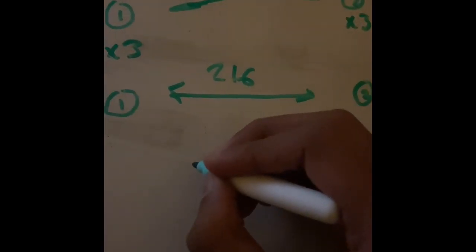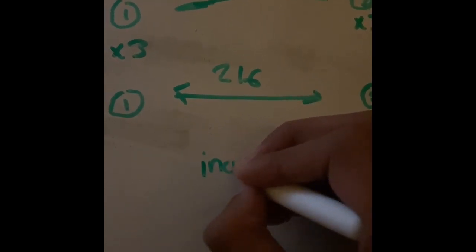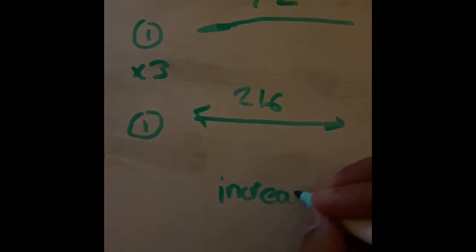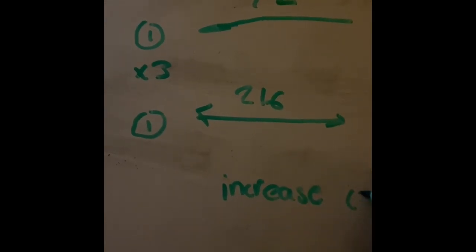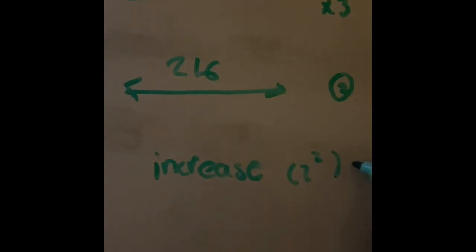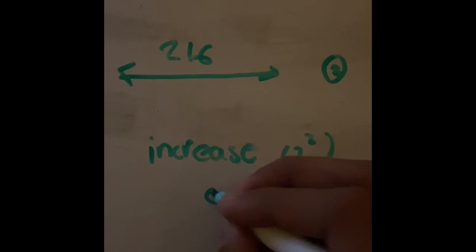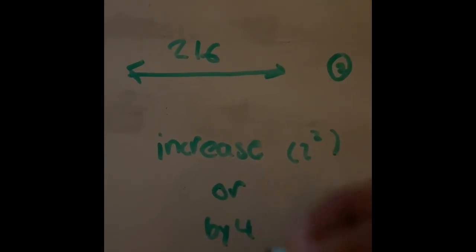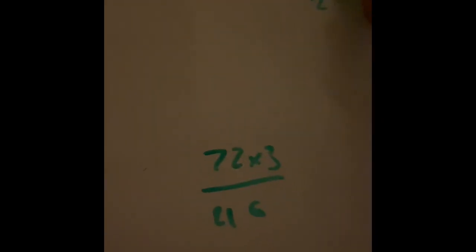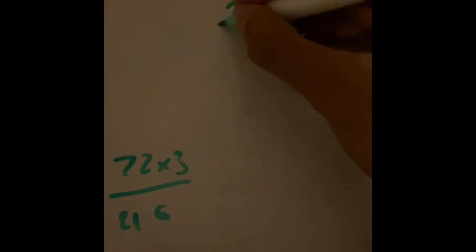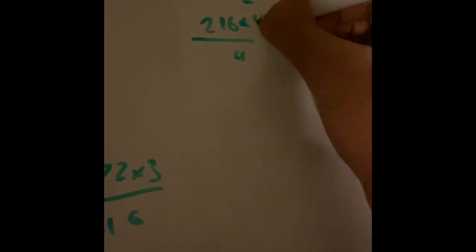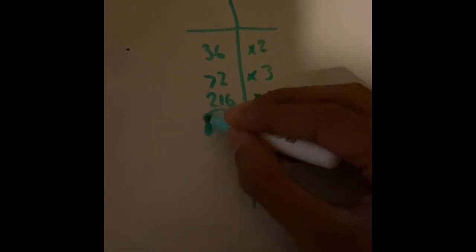That means the gravitational force has increased by a factor of 2 squared, as it's exponential, so by 4. So now we have to multiply 216 by 4. 216 times 4 is 864. So our final number here is 864.